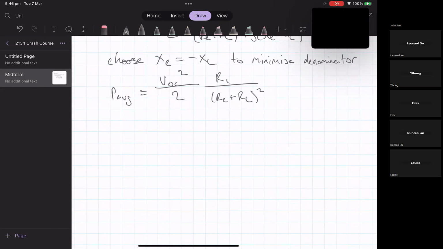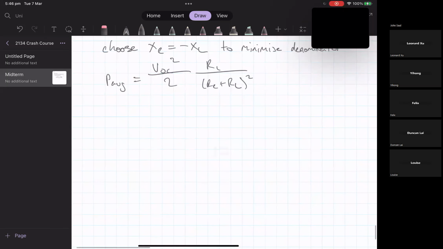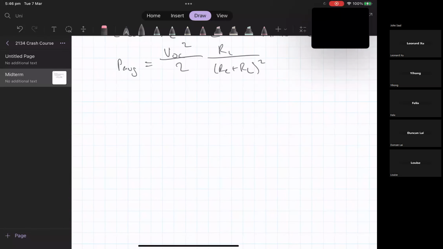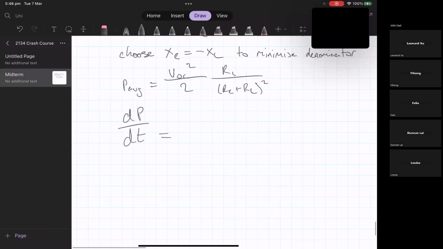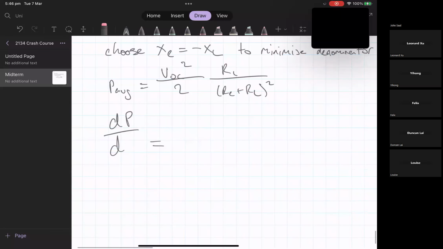From here, we can use the gradient and find the point where the derivative is 0. So say that dP/dRL equals... Oh, sorry, we're differentiating in terms of our load because that's what we're changing. And so here we are using the quotient rule.